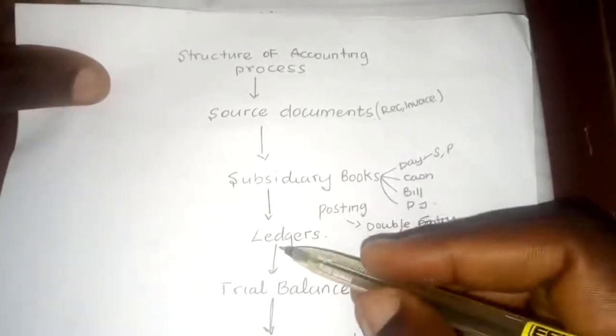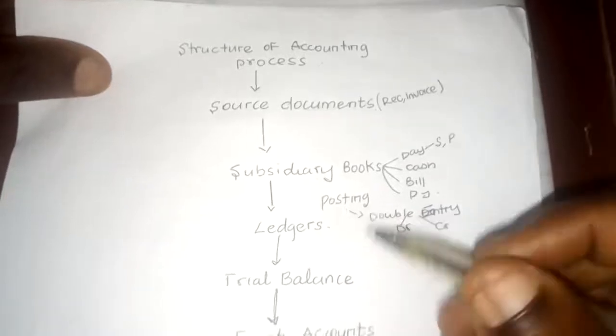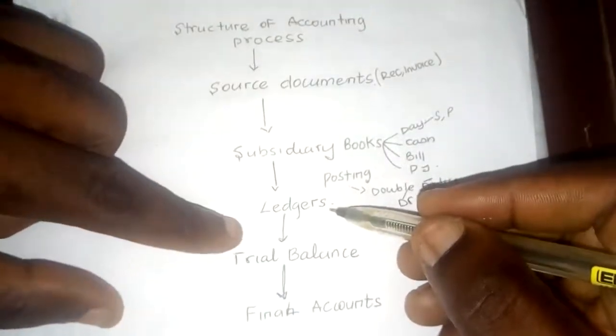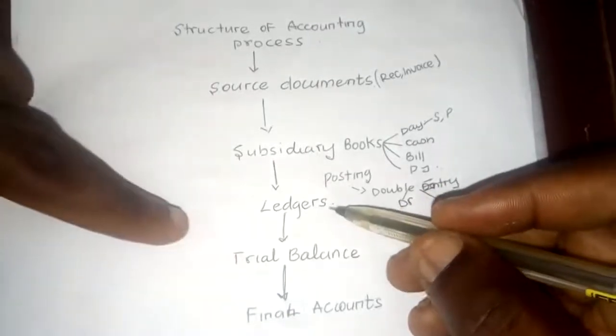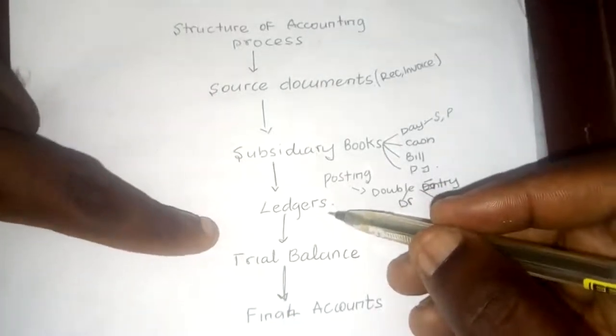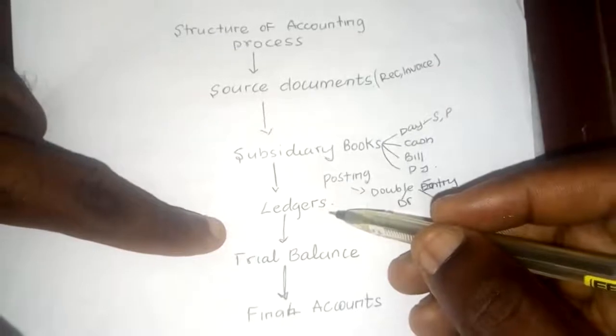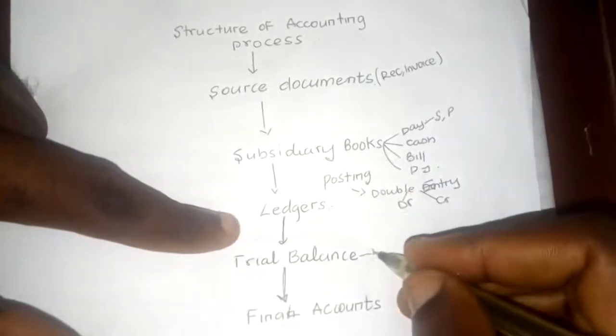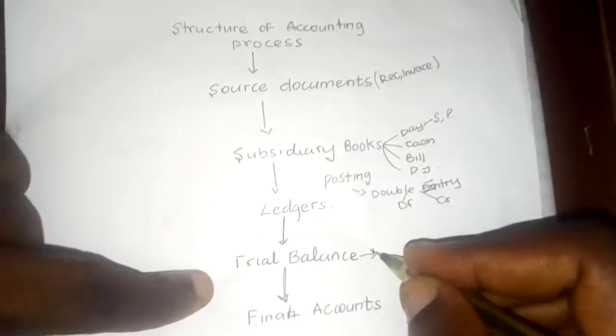Now, for you to ascertain the arithmetical accuracy of postings, you will prepare a statement called a trial balance.